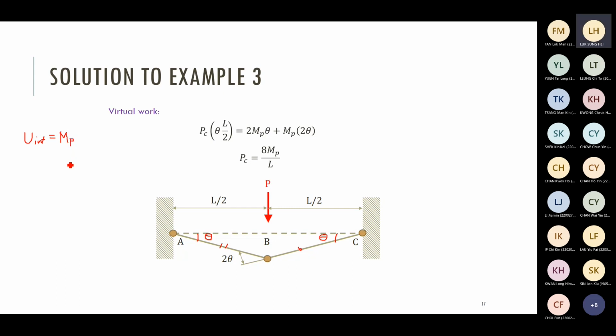At point A, the plastic work is MP theta, because the moment at point A is MP, the plastic moment. The moment at point B and point C are also MP.